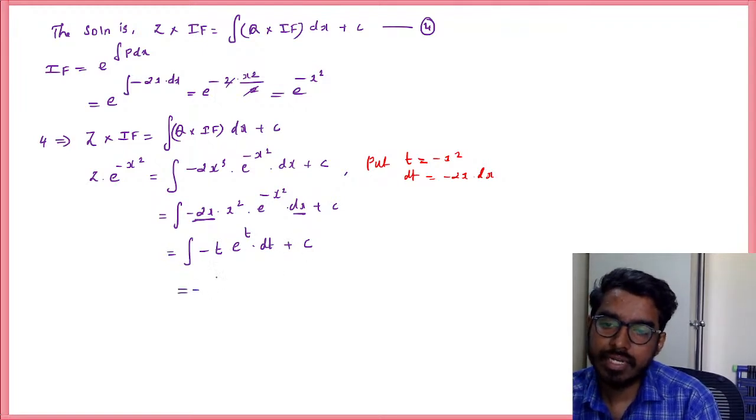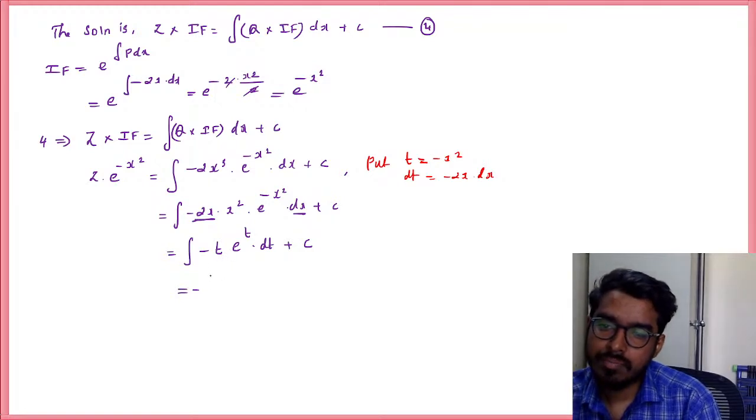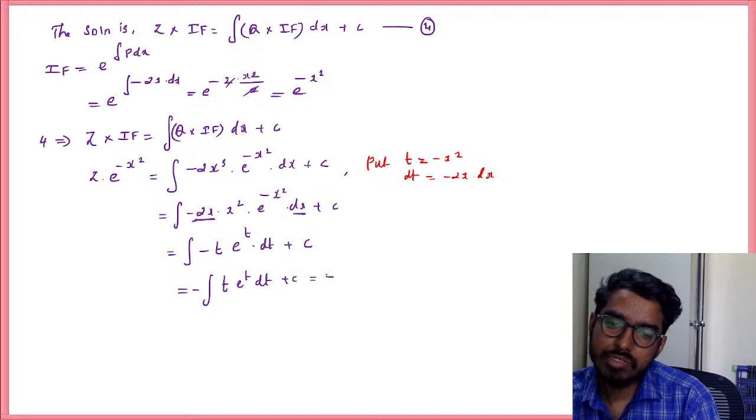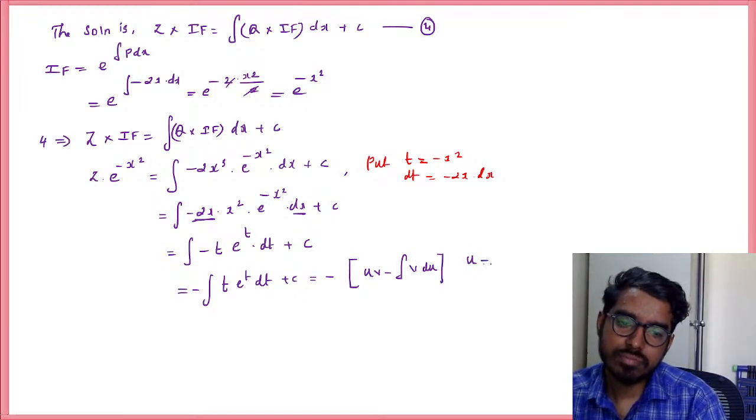Take this term outside. So integration of u dv, t into e power t dt plus c, will be uv minus integration of v du. Very simple, right? So u is t here, dv is e power t.